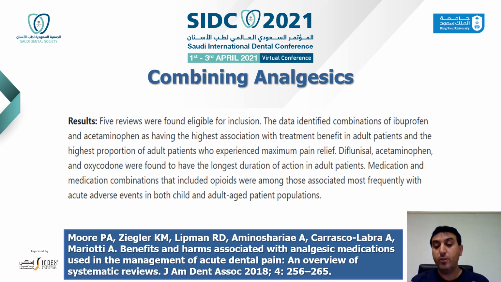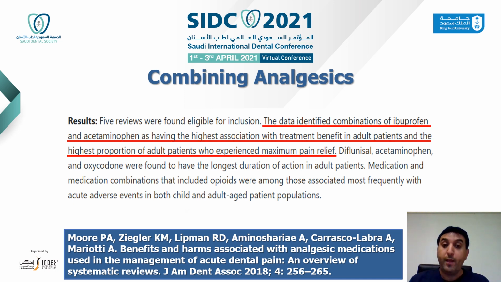We were saying for a long time to combine ibuprofen and acetaminophen, or paracetamol, but there is evidence. Based on what Moore and others said in a systematic review, combining ibuprofen and acetaminophen has the highest association with treatment benefits for pain control efficiency.